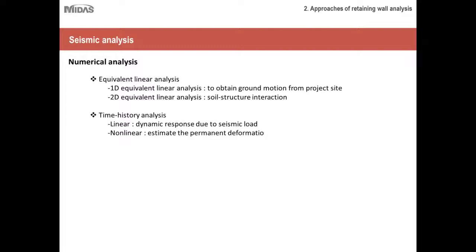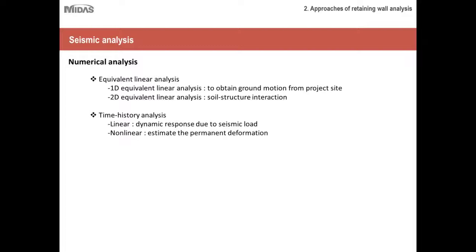So if equivalent linear analysis was there, then why did engineers feel the need for time history analysis? Time history analysis is useful for determining the dynamic response of the structure. Equivalent linear analysis, as the name suggests, is linear and doesn't take into account the dynamic effects.